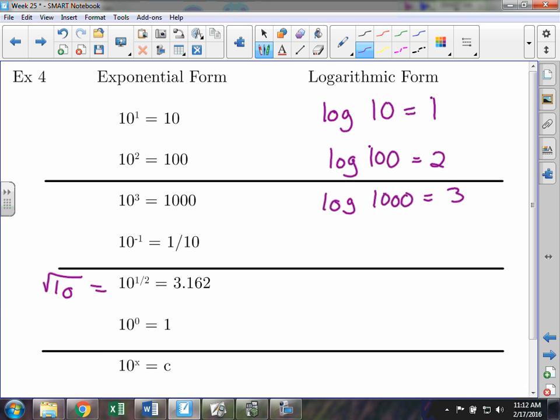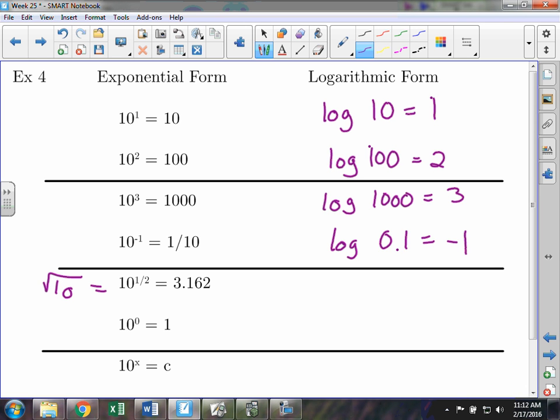With these 3 things, can we start to generalize a pattern? What would 10 to the negative 1 equals 1/10 look like? Log, and Brian, you chose to use a decimal instead of the fraction. Okay. 1/10 is 0.1. I personally would have written it as 1/10 with the fraction just because I like fractions more than decimals, but it's still absolutely correct. Log of 0.1 equals negative 1.